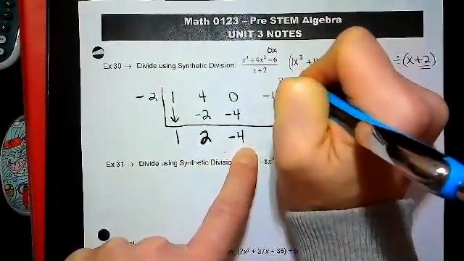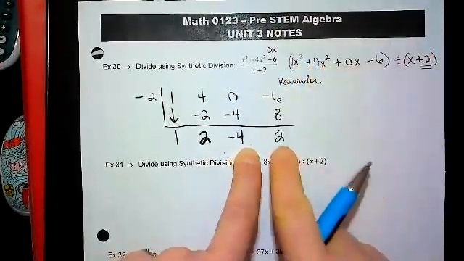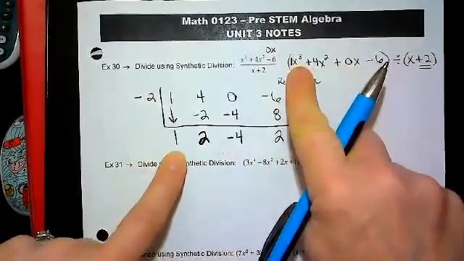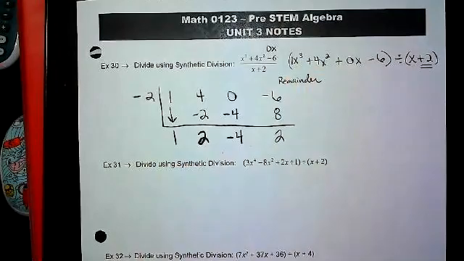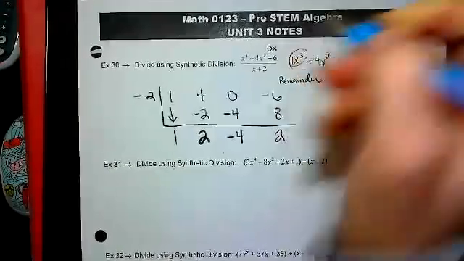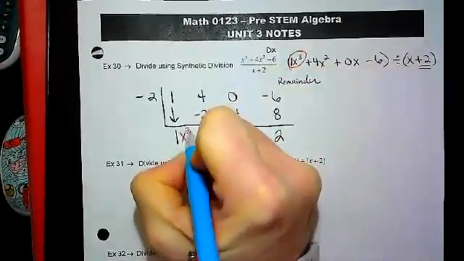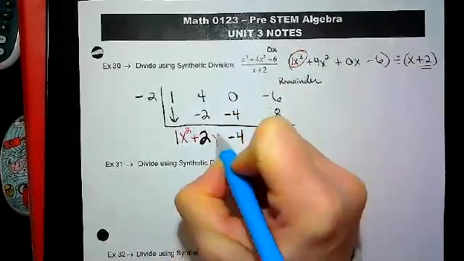So remember, this column right here, the very last one, is representing a remainder. We're going to put our exponents, our variables, back in, starting with 1 less than the exponent you see from the original problem. So since it was x cubed, I'm starting with x squared when I put them back in. And so I need to put a plus sign since that's a +2 and an x.